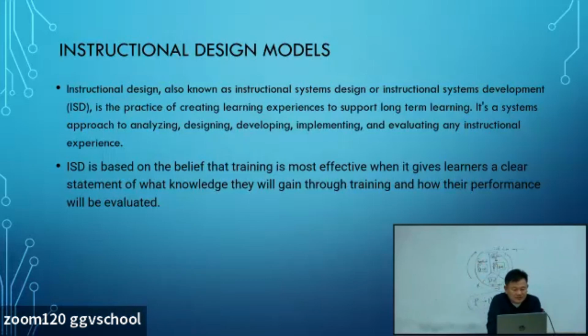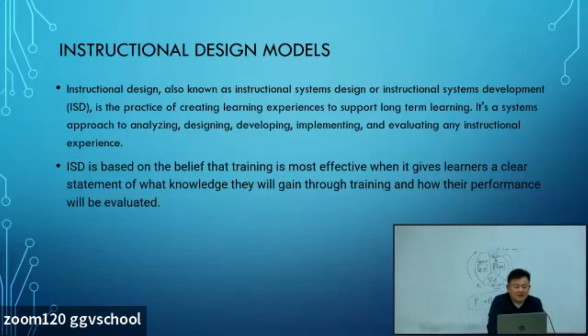So the instructional design model is based on the belief that training is most effective when it gives the learners a clear statement of what knowledge they will gain through training and how their performance will be evaluated.